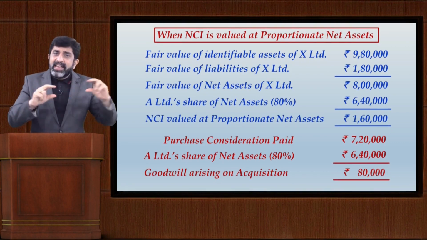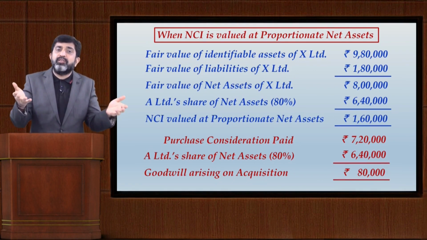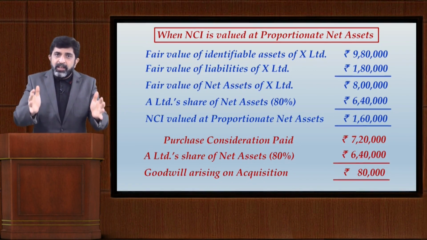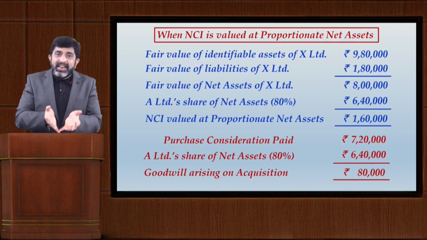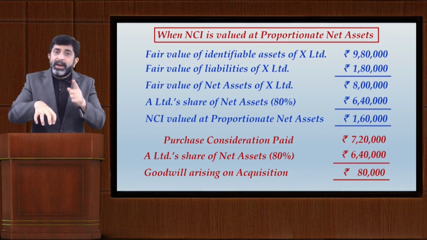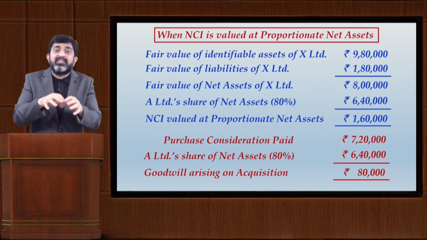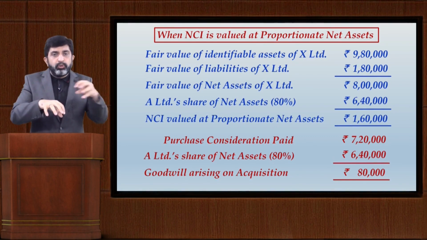You are adding those two components, one which belongs to you, one which does not belong to you. The whole entity of that 80% belongs to you, for which you paid 7,20,000, and 1,60,000 is the portion that does not belong to you, so that also you have added.